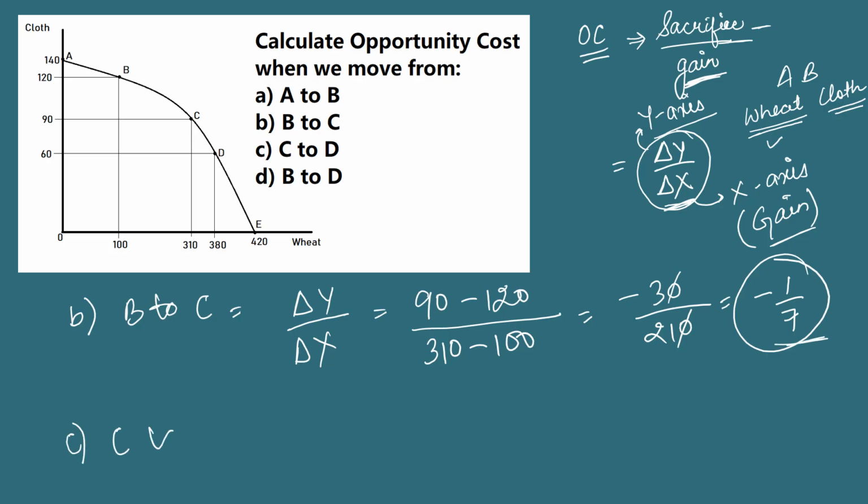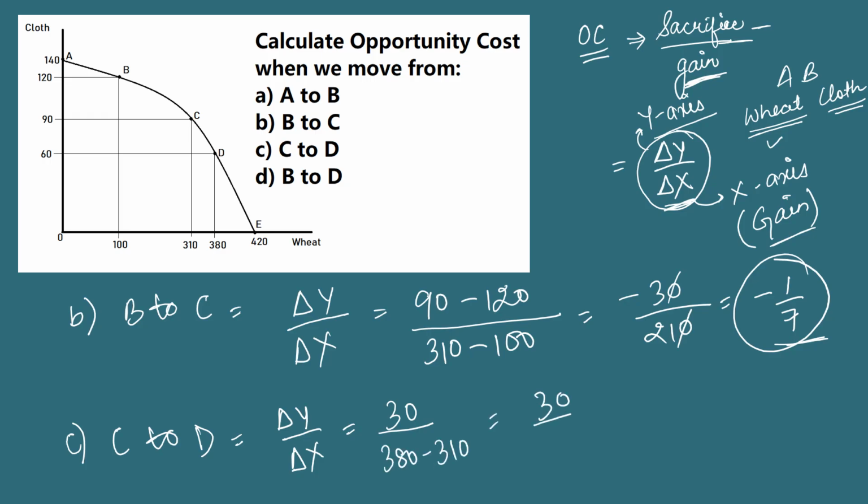Similarly, C to D. It would be great if you pause this video and try on your own, then check it out. Same procedure, delta Y by delta X. Delta Y means change in Y when we move from C to D. From 90 we go to 60, and from 310 we are going to 380, so it would be 380 minus 310.